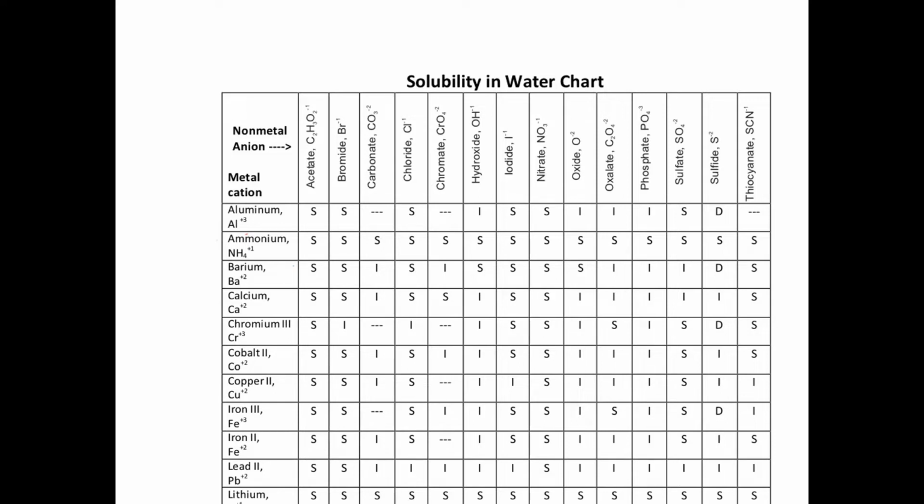When you're considering the products of your chemical reaction, figure out the name of the product, and check to see where they intersect if you see S or I. For example, if I were looking at aluminum hydroxide, here's aluminum and here's hydroxide, and I see an I. That means the compound aluminum hydroxide is insoluble in water. It does not dissolve, meaning that could be your precipitate.